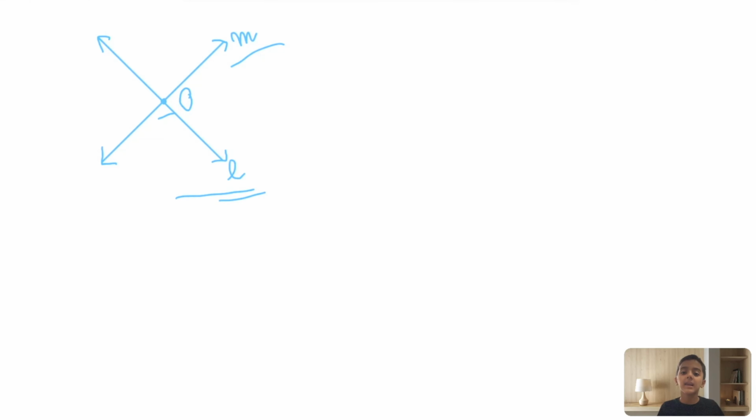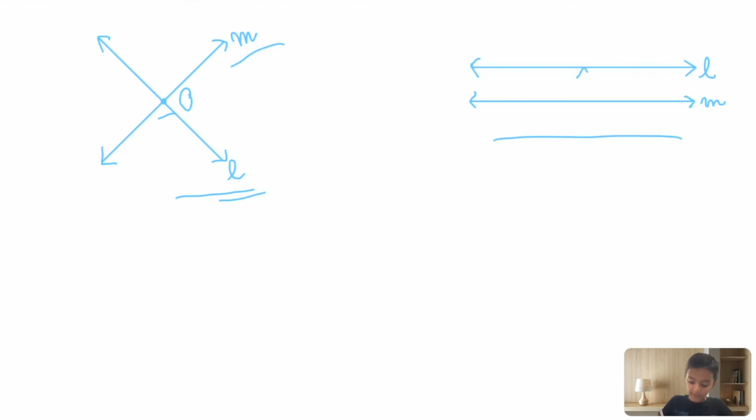Second, parallel lines. What are parallel lines? Parallel lines are such lines which never meet even after extending them indefinitely on either side, and the distance between them always remains same. Here the lines L and M are parallel because they never meet even after we extend them indefinitely on either side, and the distance between them always remains the same.